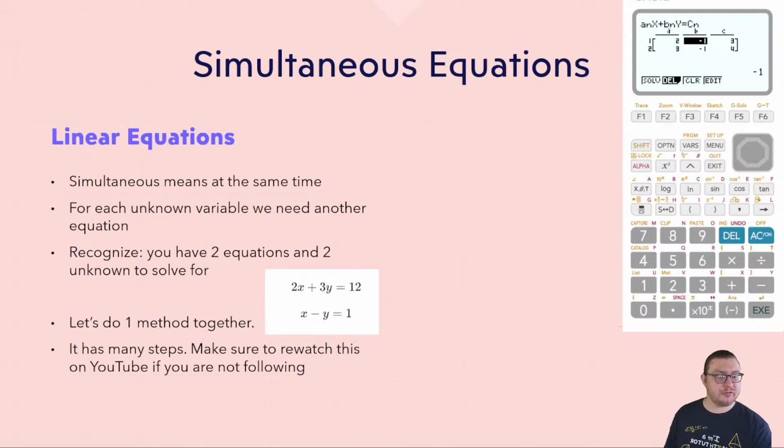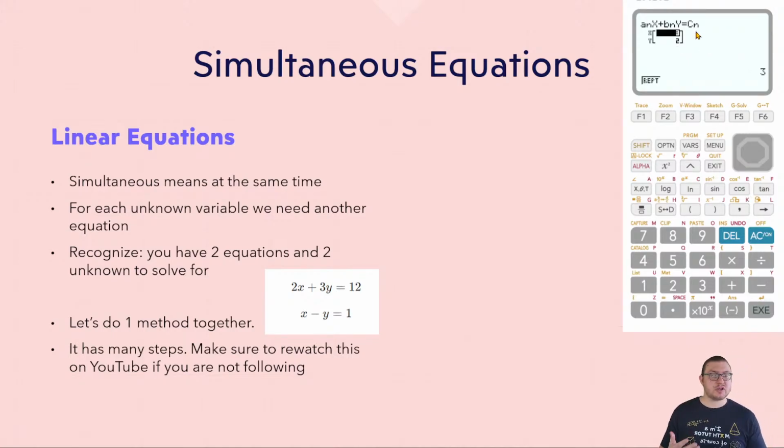So we have 2 for a, 3 for b. And if you look at the top on the calculator, it says equal to a number, so we don't want equal 0 for this setting. Always check what your calculator wants. The number in front of x is 1 and minus 1 for the other one, and the number is 1.